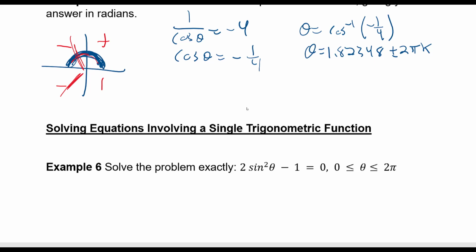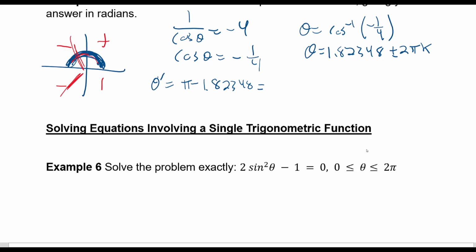So what is the reference angle here? What is theta prime? It's going to be pi minus 1.82348.